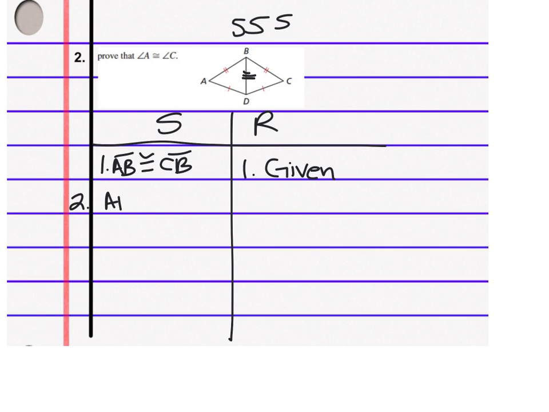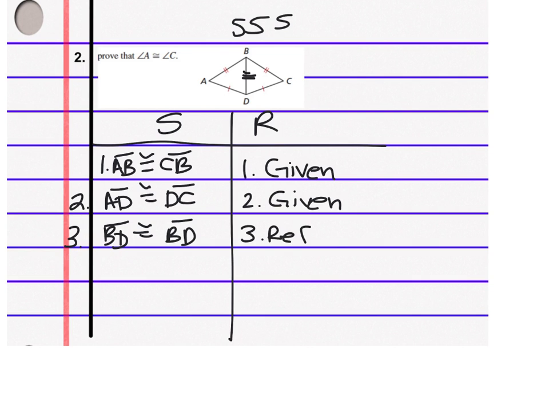Okay, AD is congruent to DC. That was also given and marked on our diagram with 1 tick mark. Then I'm going to do my reflexive side, the third side, so BD, or if you say DB, that's also fine, is congruent to BD, and that is the reflexive property.